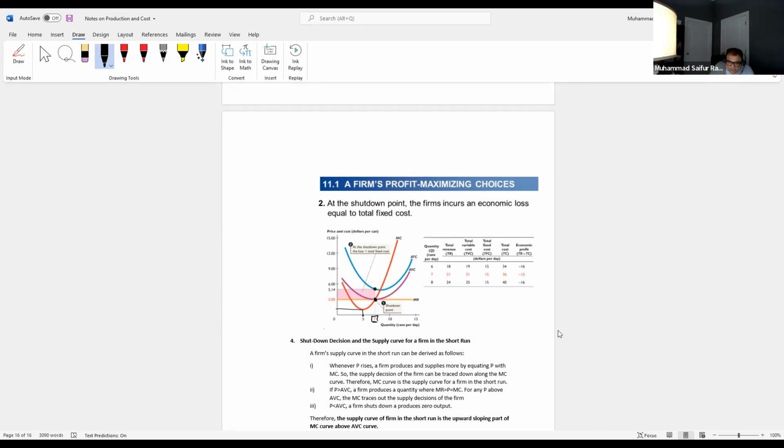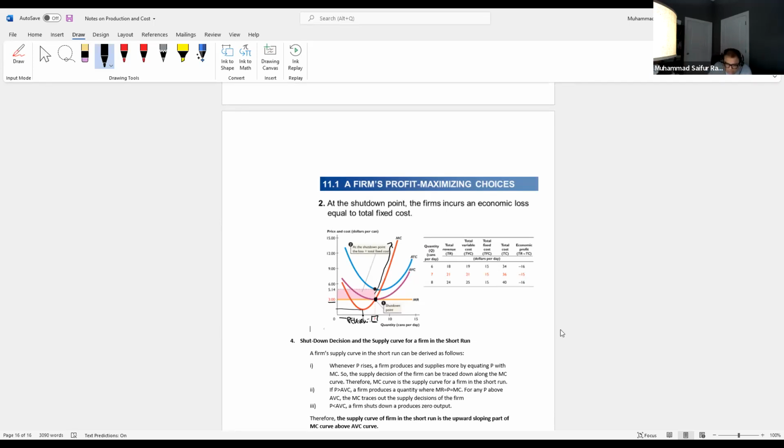So none of these outputs are relevant in a sense that they are not part of the production decisions. The first or the lowest level of output that are part of the production decision is probably where the price is 3 and the output is 7. At any price higher than 3, our firm will make some kind of production decision, which means that they will produce something.